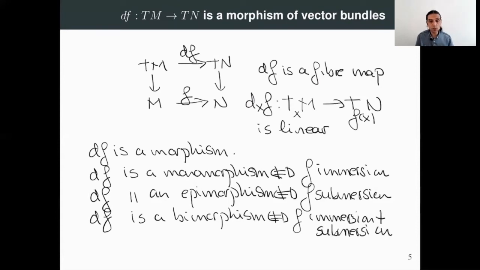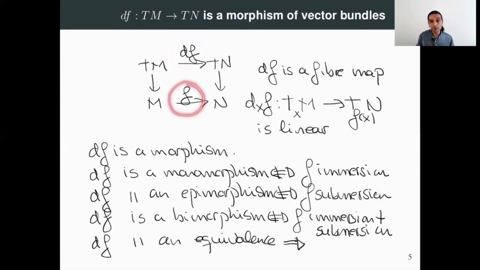Another question is when dF is an equivalence. But of course, in order to be an equivalence, it has to be a bimorphism over a diffeomorphism. So we need that F is a diffeomorphism.